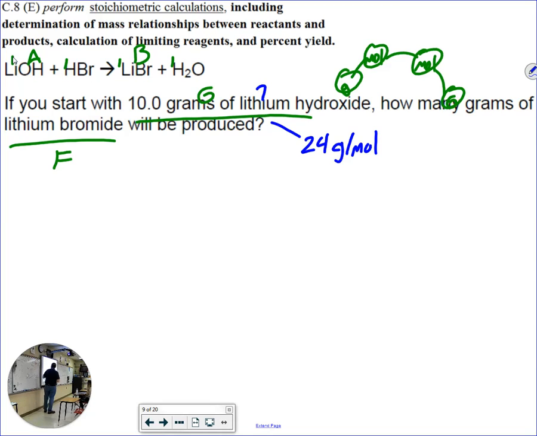Let's do lithium bromide, same kind of thing. So lithium again is about 7. Bromine is awfully close to 80. So let's just call lithium bromide 87 grams per mole for our LiBr. This is for our LiOH. Everybody happy with that? Okay.